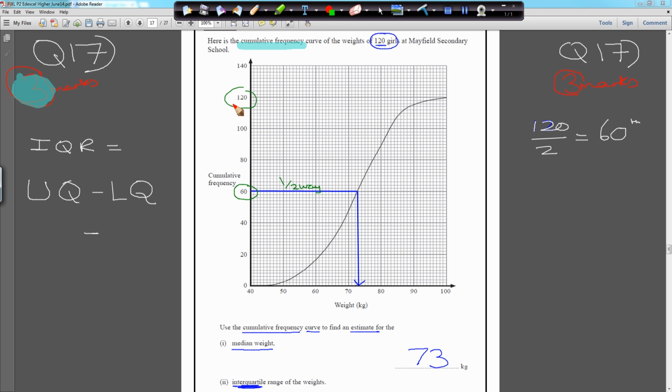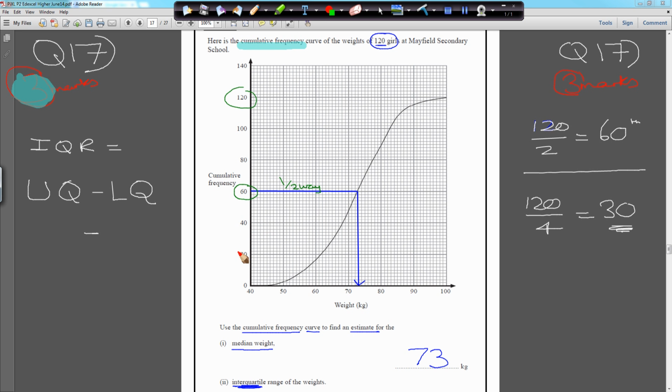If you've got 120 data values, dividing by 2 gives you 60. If we want to work out our quarters, it's 120 divided by 4 instead. That gives you 30. So every 30 is a quarter: 30, 60, 90, 120. We need to mark those points on. 30 is going to be between 20 and 40.